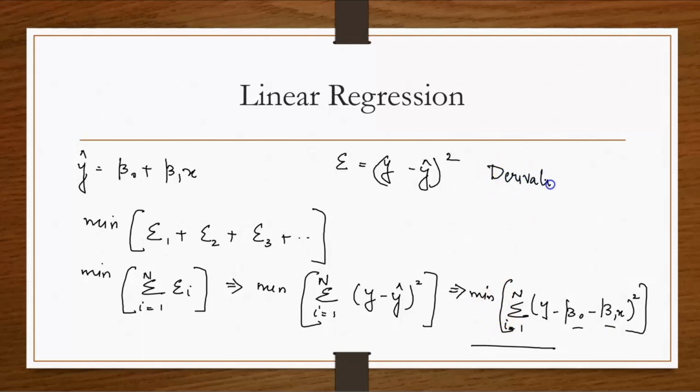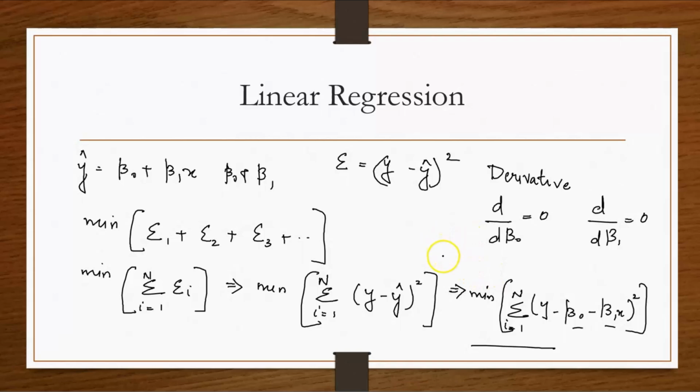You have to differentiate it: take the derivative with respect to beta naught, equate it to 0, find the value of beta naught, then take the derivative with respect to beta 1, equate it to 0 and find the value of beta 1. This is how we find the coefficients beta naught and beta 1 for simple linear regression.